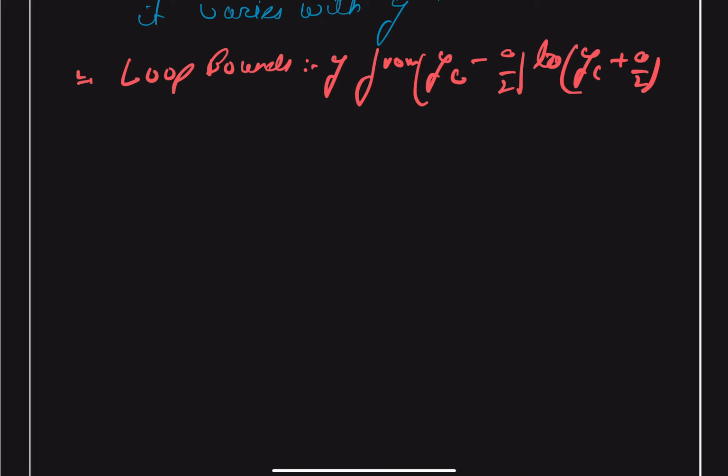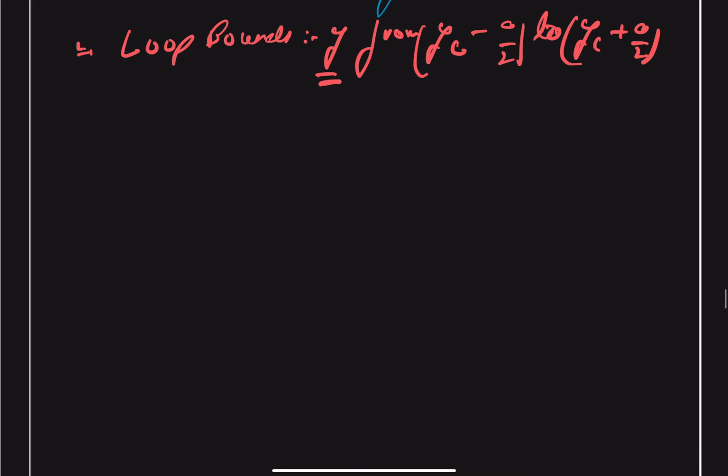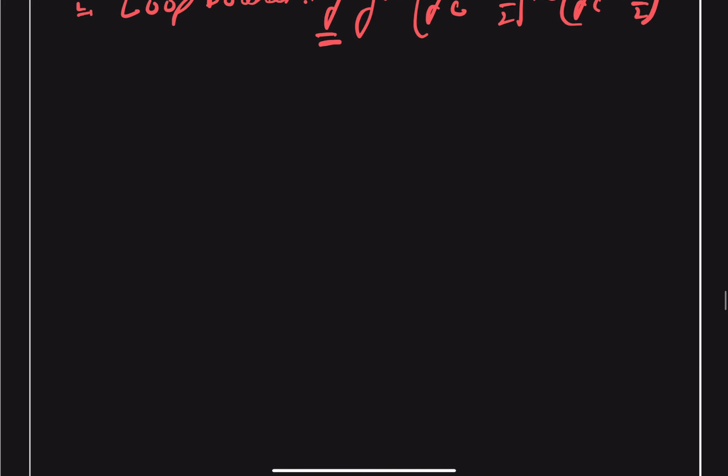This is our y coordinate, and we can find that our x is from xc minus a by 2 to xc plus a by 2. So this is the loop bound for x as well as y.